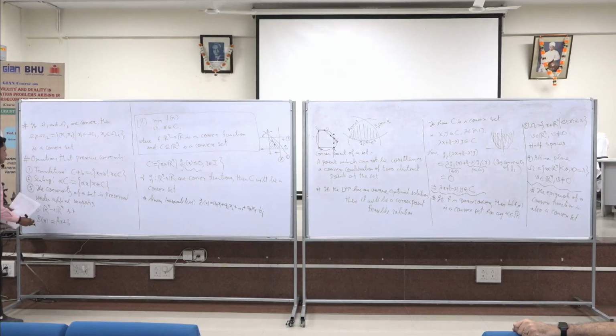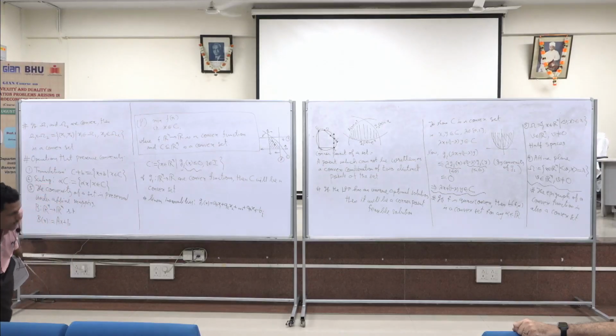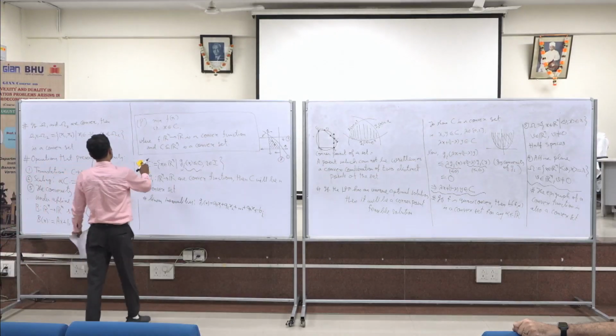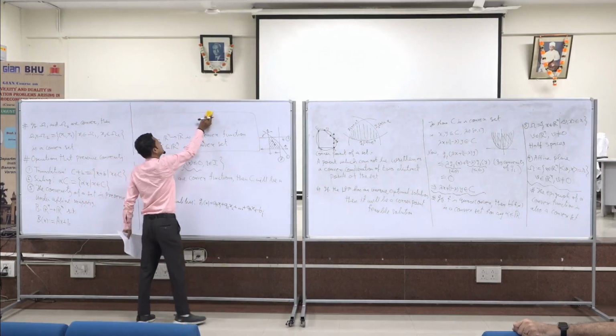Okay. So this A is any matrix and B is a vector; this affine mapping you may know from linear programming problems.